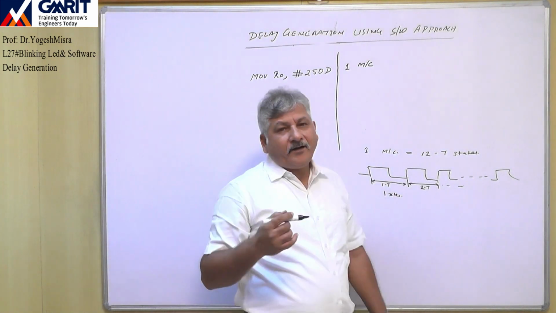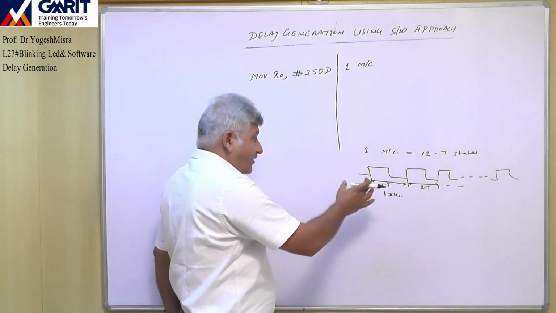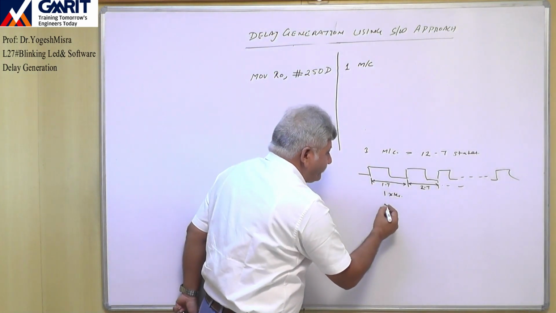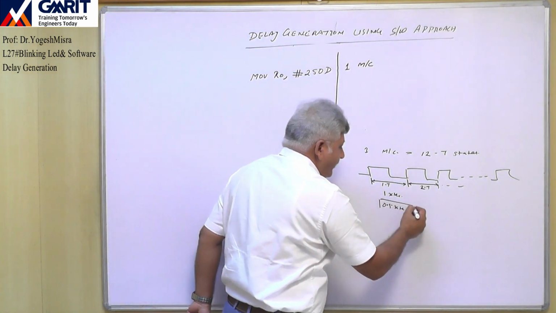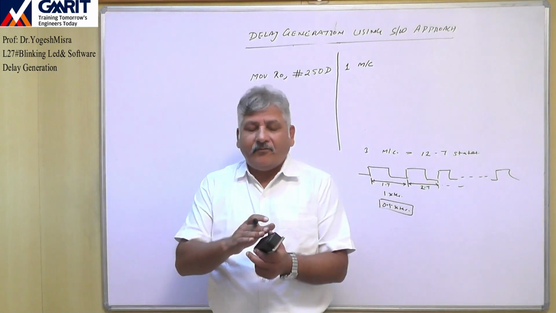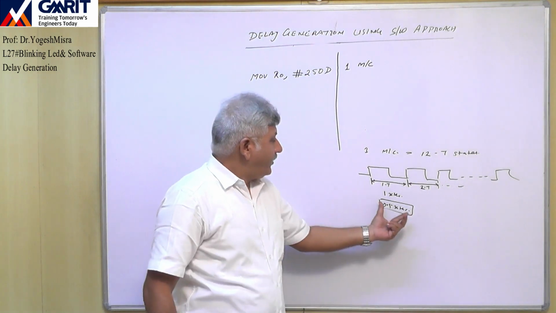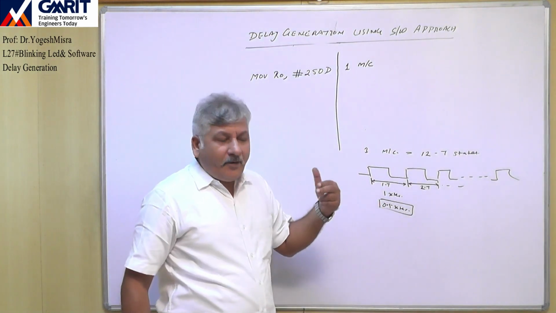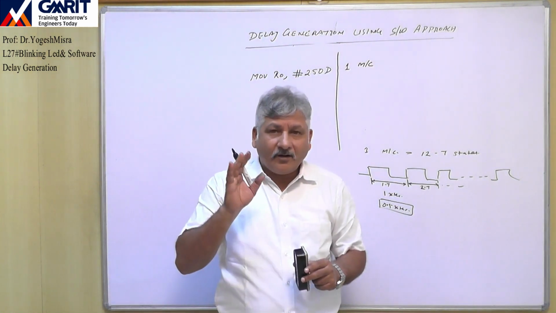And if we have connected a crystal of 24 megahertz, then the same T state will become 0.5 microseconds, because we have doubled the frequency. If we double the frequency, the time period will be halved. So it depends upon the frequency of the crystal connected to the controller.